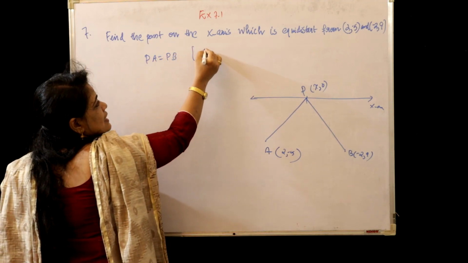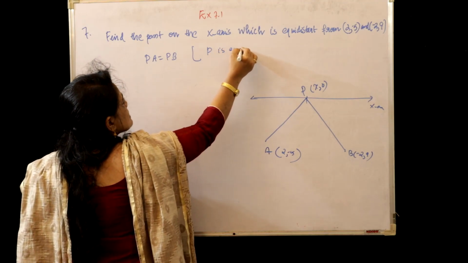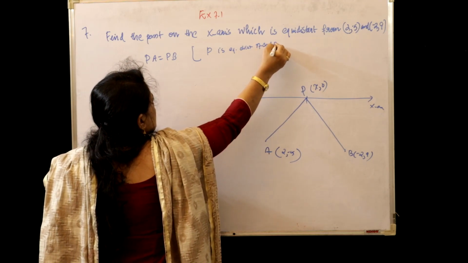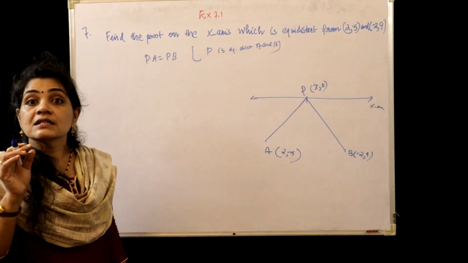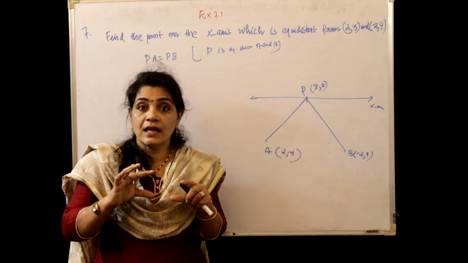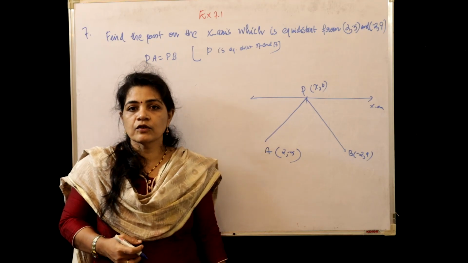What is the reason? Because P is equidistant from the 2 points A and B. So this is the idea, children. Always, if the word equidistant is used, you can write PA equal to PB, depending on the points which you are given.